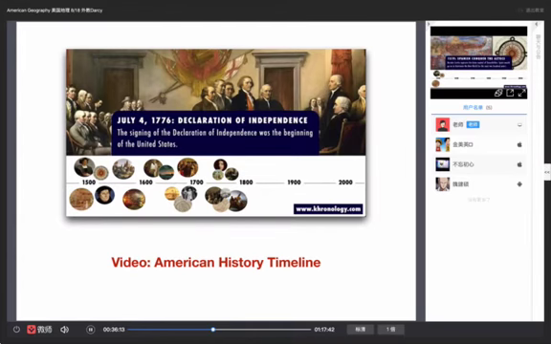We also had the Spanish as the first colonial power to come in and take over the continent of South America.